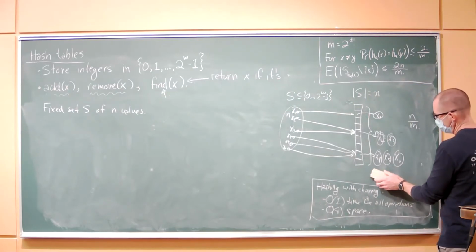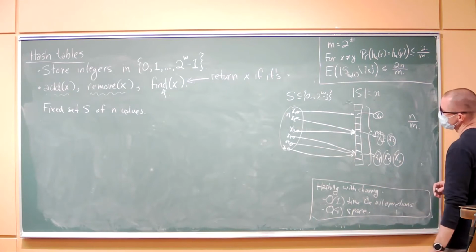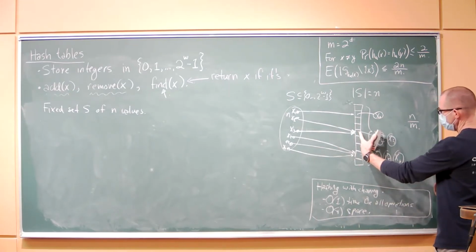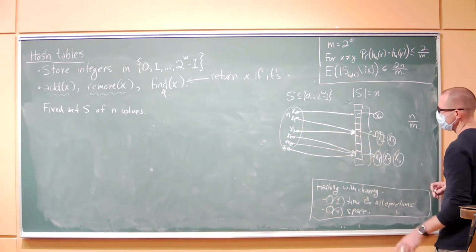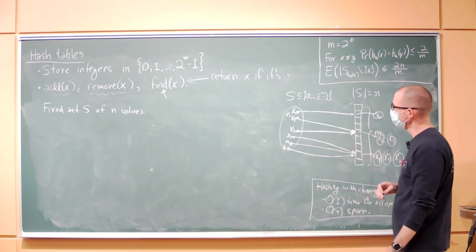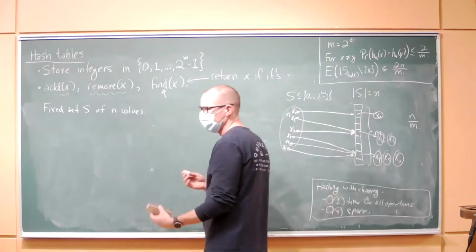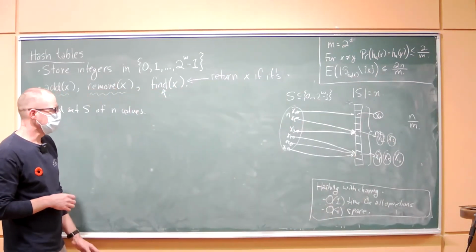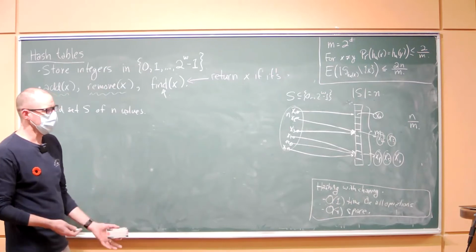I'm looking for a hash function which doesn't have two things hashing to the same table location, or three things to the same table location. Those are called collisions, and I really want these collisions never to happen.